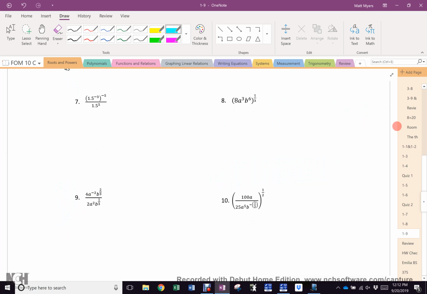Anything weird about number 7? Looks weird, but it isn't, is it? What do you do with the negative 3 and the negative 5? Multiply them to get 1.5 to the positive 15 over 1.5 to the 5.